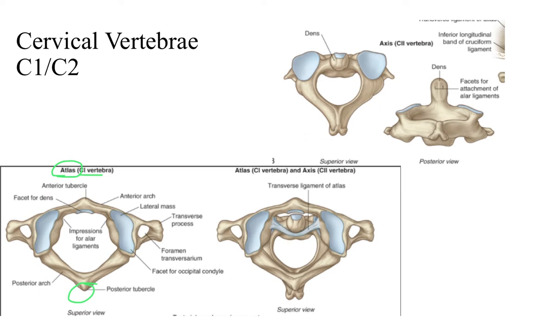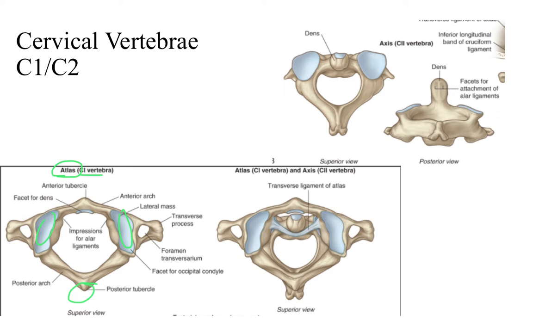And you don't necessarily have a body to it, but on these facets on either side are where the occipital condyle of the skull sit, and so it's named Atlas because the Greek god Atlas held up the world. So this particular vertebrae holds up the skull, which is how it got its name.